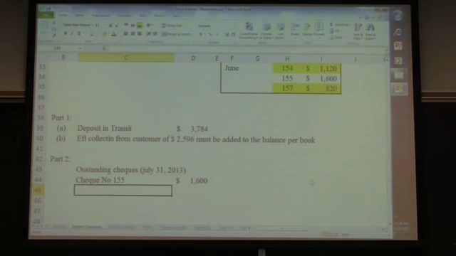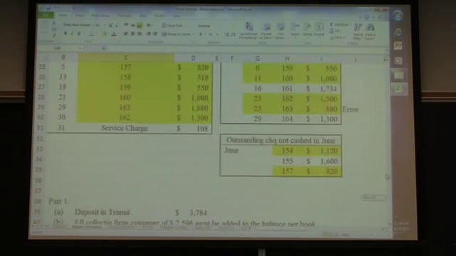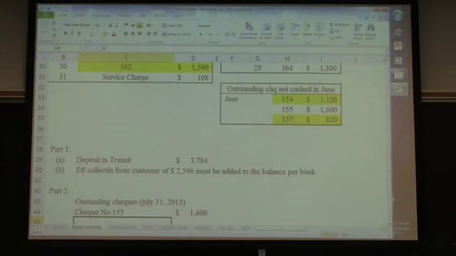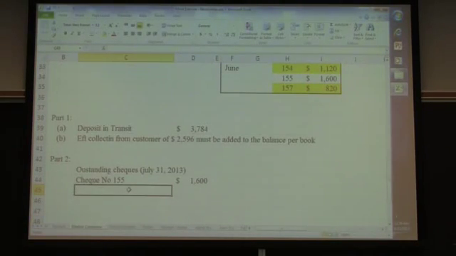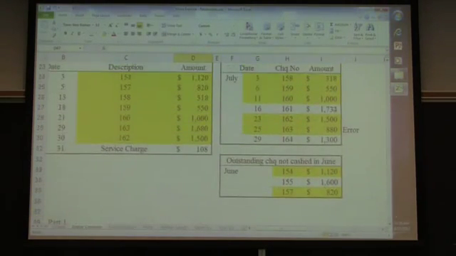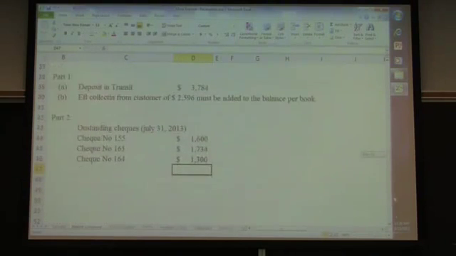And it would also include check number 161 and check number 164, as we've seen earlier. The amounts for those checks are $1,734 and $1,300. So the total amount of outstanding checks at the end of the period adds up to $4,634.